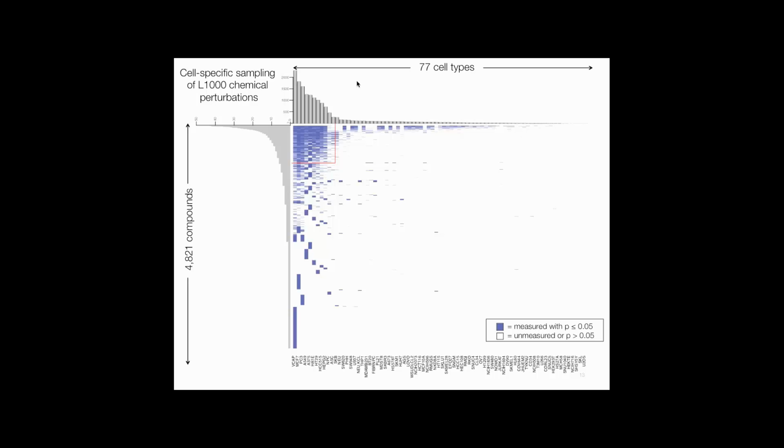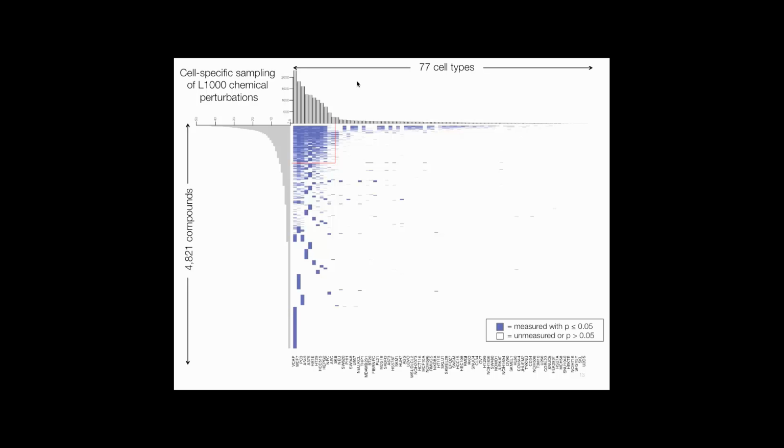But anyways, what you see here is that the sampling is rather sparse for most cell types. While there's about a dozen cell types that have a fairly large number of compounds in which they've been measured, in most cell types there have been relatively few compounds.